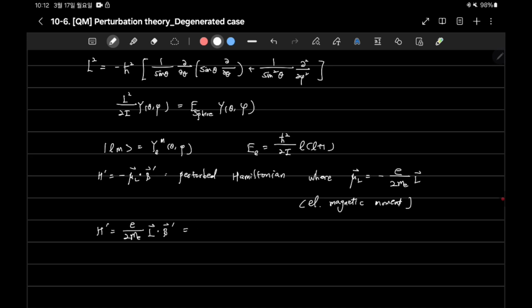Because the magnetic field is along the x direction, it is e over 2 m_e times L_x B1. In other words, omega 1 L_x, where omega 1 is e B1 over 2 m_e. It is the Larmor frequency.